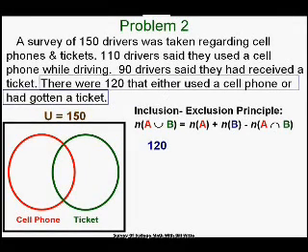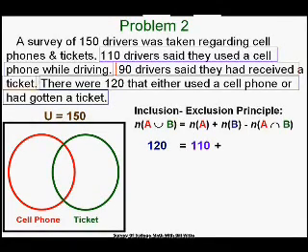The union is 120. It's not what I want to know, but that's what it is. The number in A they gave me is 110, right? 110 said they used a cell phone. And they gave me the number for B. That's 90.